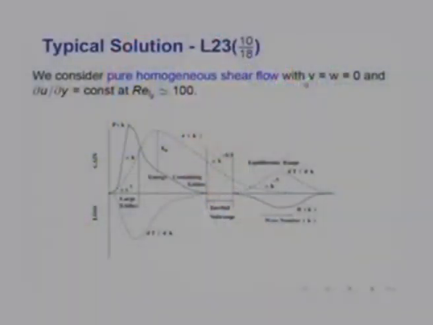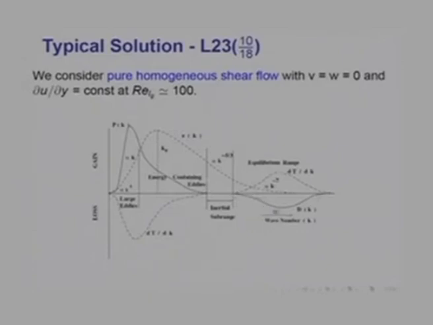A point is reached where the production almost dies down, and so does the transfer. And there can be a region called the inertial subrange, about which I will talk in a minute. But then dissipation takes over.